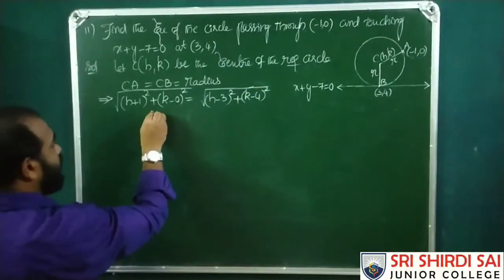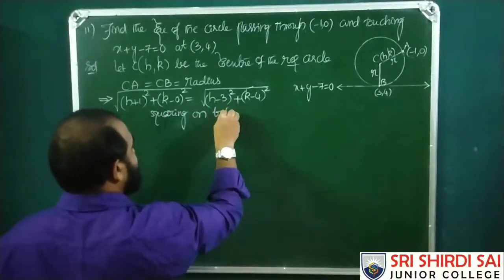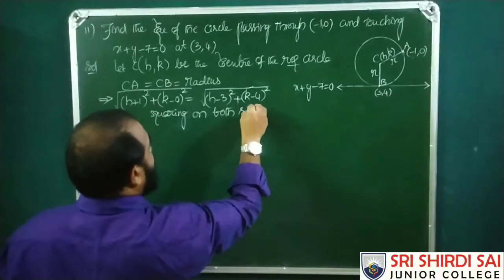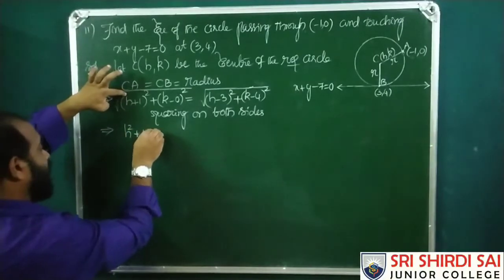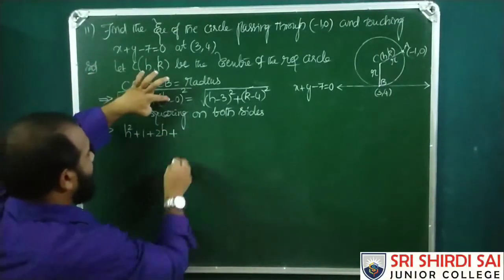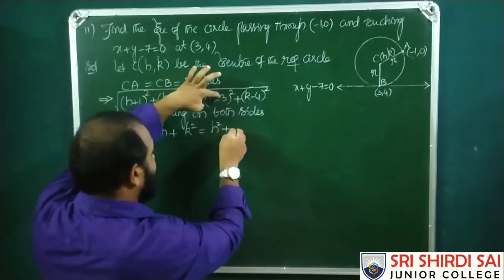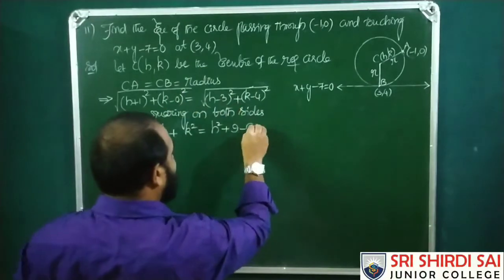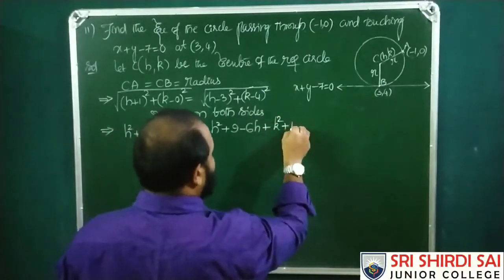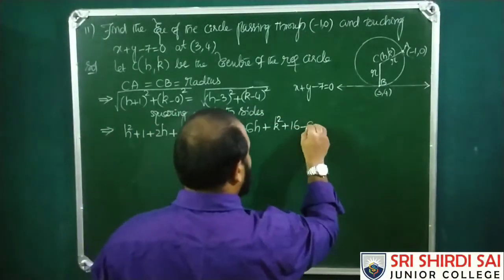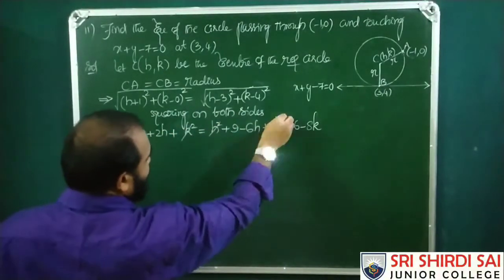If I square on both sides, then the square and root cancel. So this is h square plus 1 plus 2h plus k square equals h square plus 3 square 9, minus 2 3s are 6h, plus k square plus 4 square 16 minus 2 4s are 8k. So h square and k square cancel.